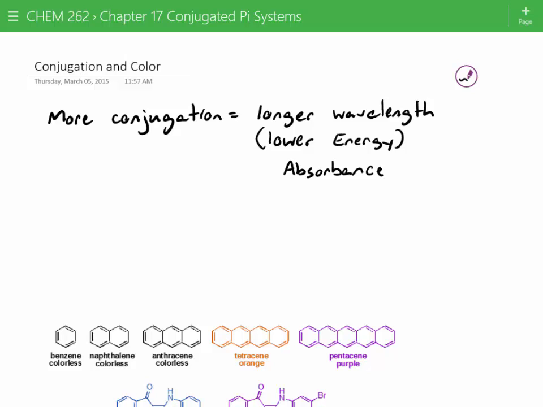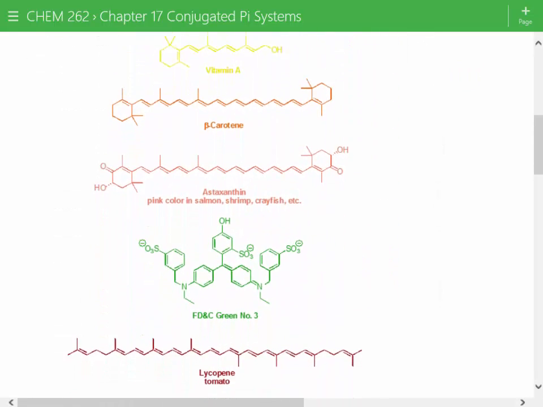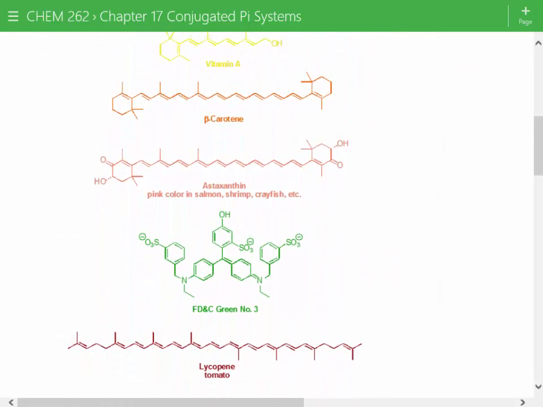And we saw this in our UV lab that we did the other week where we were looking at beta carotene and chlorophyll. If we look at the structure of beta carotene, which I actually have shown below, it's got a huge amount of conjugation between all of those carbons, right? We've got 1, 2, 3, 4, 5, 6, 7, 8, 9, 10, 11 double bonds that are all conjugated to one another.